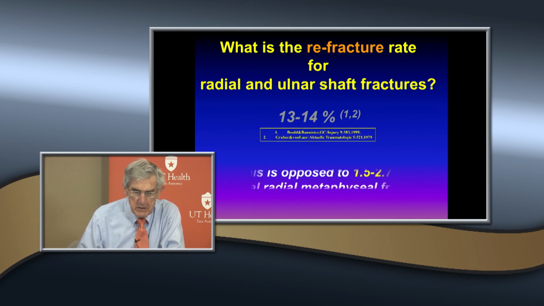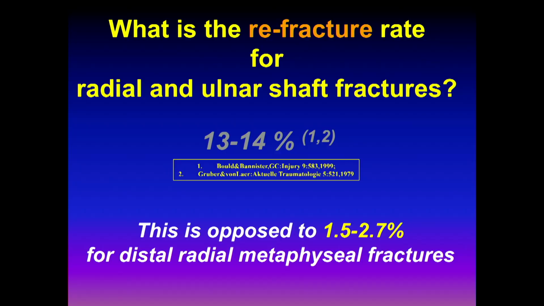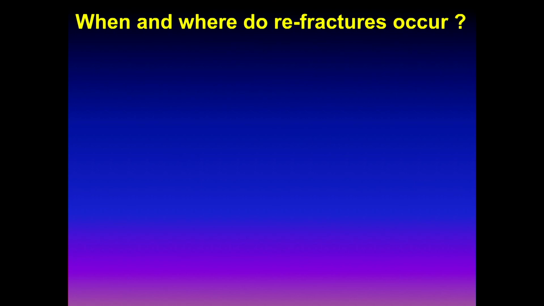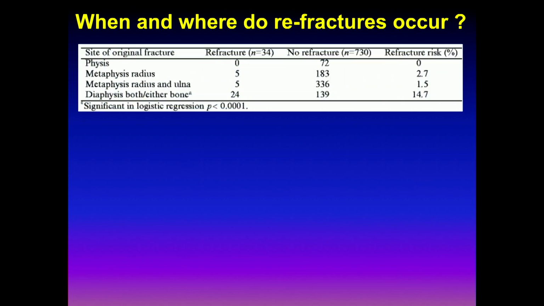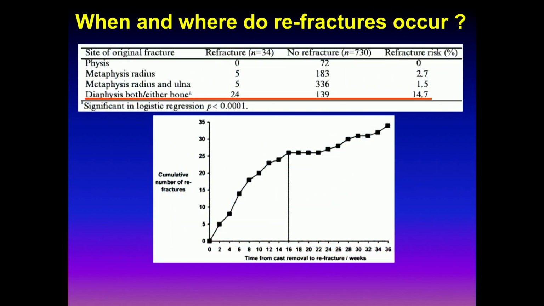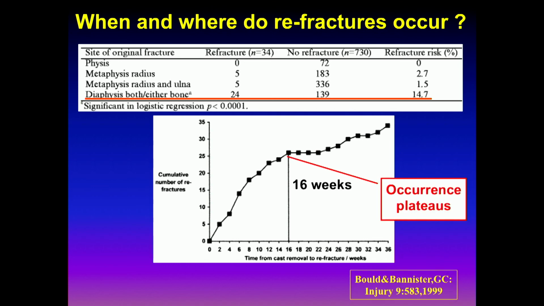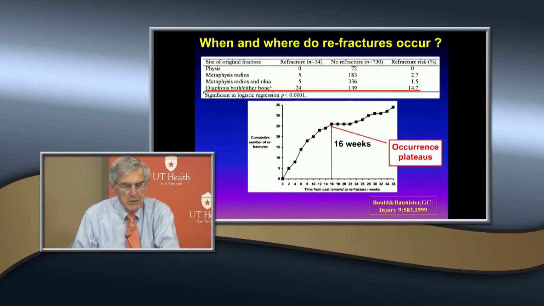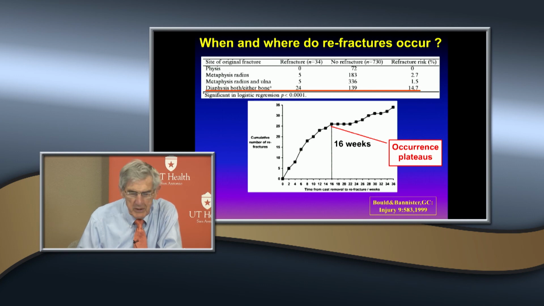In this study, distal radial metaphyseal fractures, it's very rare to see a refracture there, less than 3%. When do refractures occur? Well, in this study, they found that the peak was at about 16 weeks. That's when they've gotten enough muscle strength and so forth, and they're back out playing full speed.